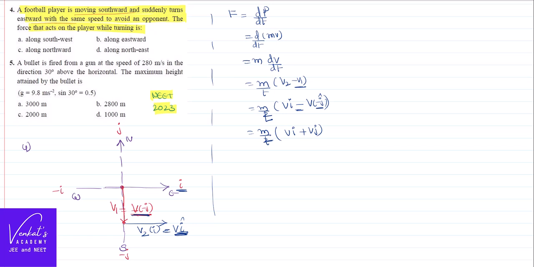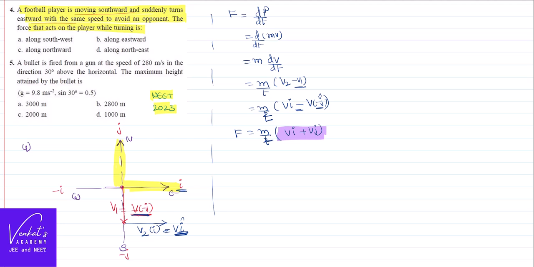So the direction of this force is along which way? If you look for the direction of this, v i plus j, that means plus i and plus j. So in the map, if you try to draw, this is plus i, plus j is this.